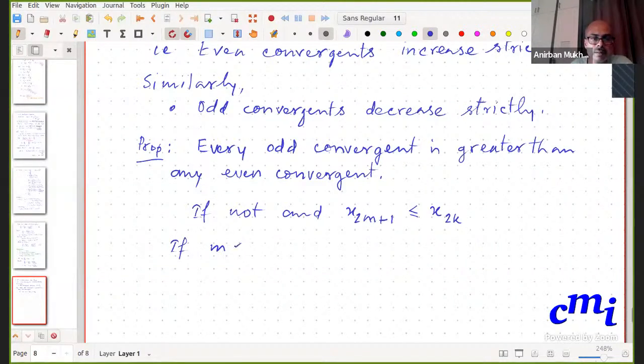So if m is less than k, then what we get is this.